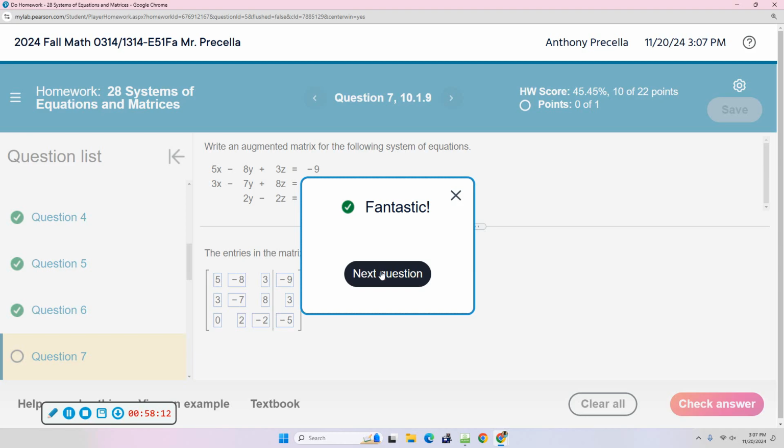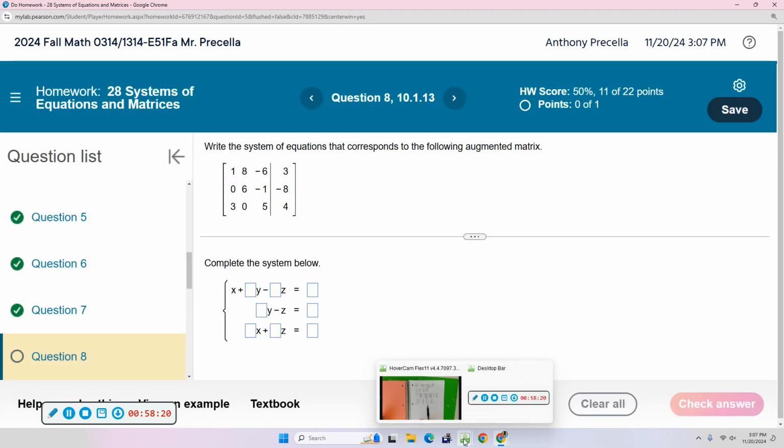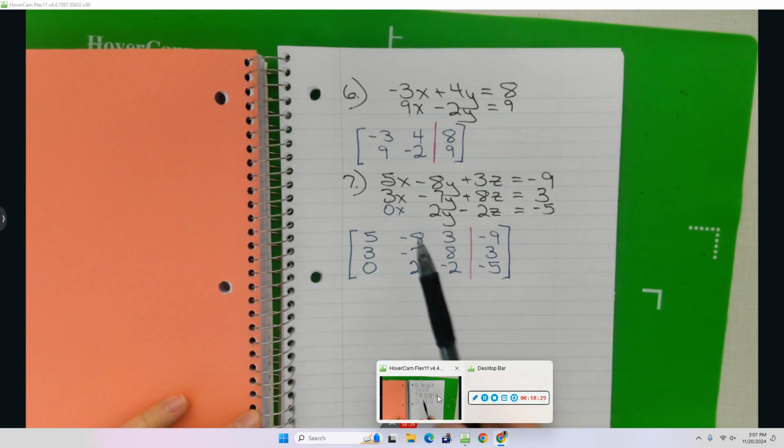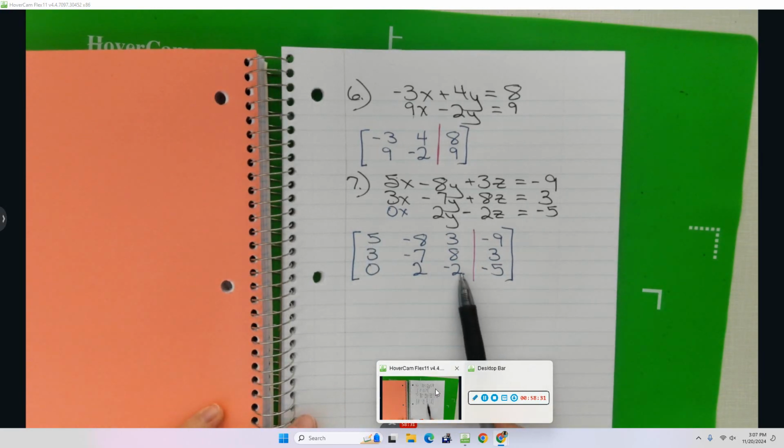Now, in classes like Math 1324 and linear algebra, we take augmented matrices and we do something called elementary row operations to rewrite the matrix so that we have 1s down the diagonal and 0s everywhere else.